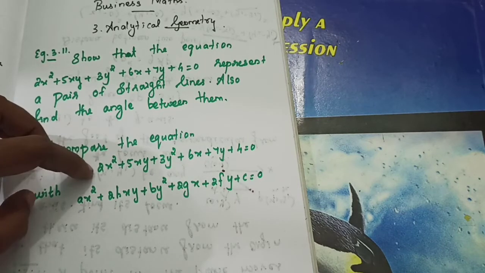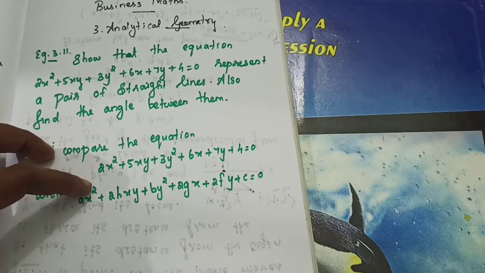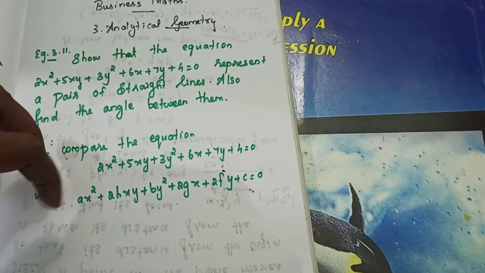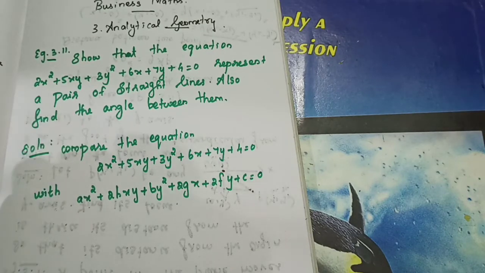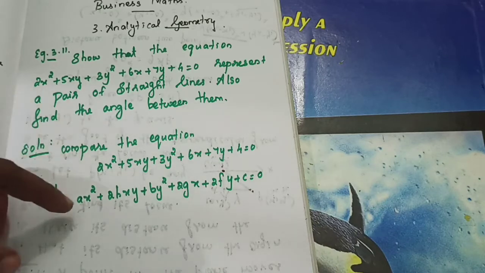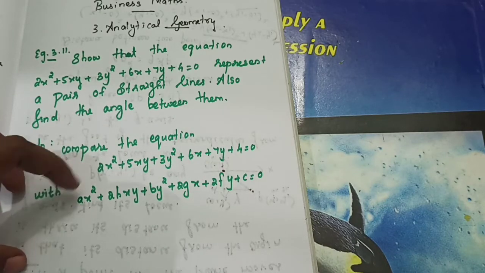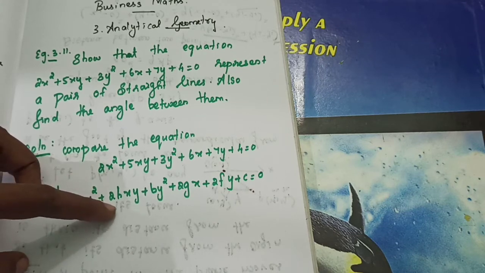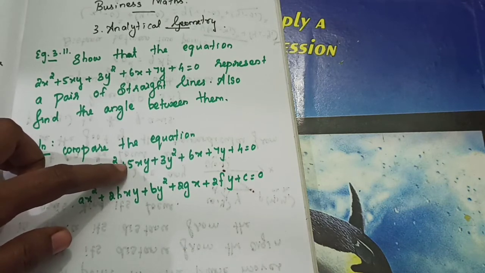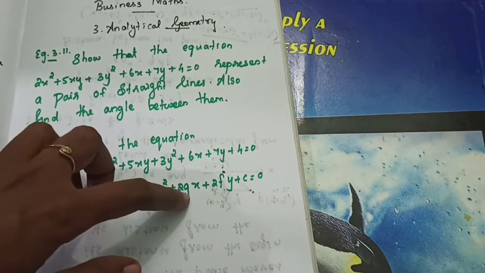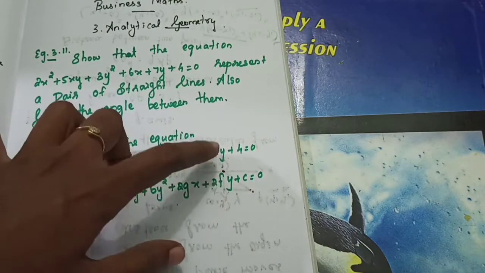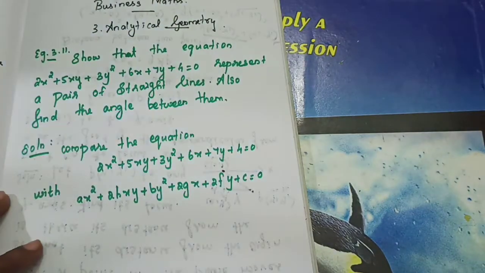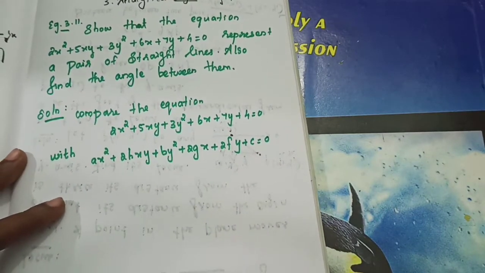We are going to compare the given equation with this one. How will we compare? We can find all the values from here. In the place of a, what's there? a equal to 2, is it right? In the place of h, what's there? 2h is equal to 5, b is equal to 3, 2g equal to 6, 2f equal to 7, c equal to 4. From that, if you are equating, we will get all the values.